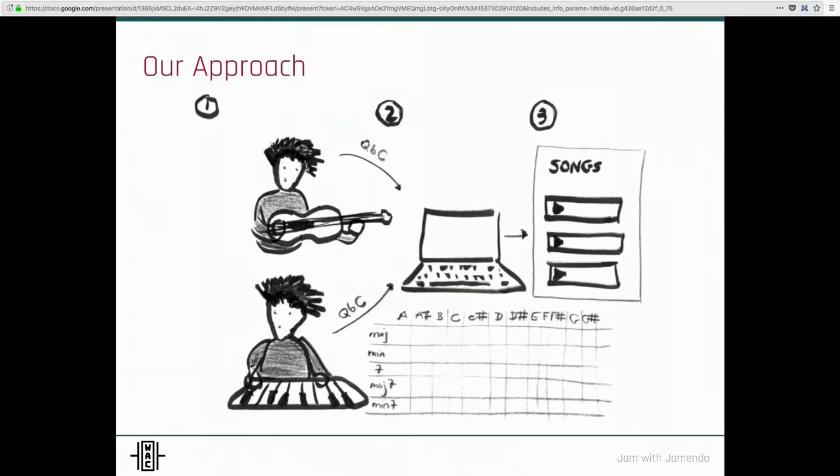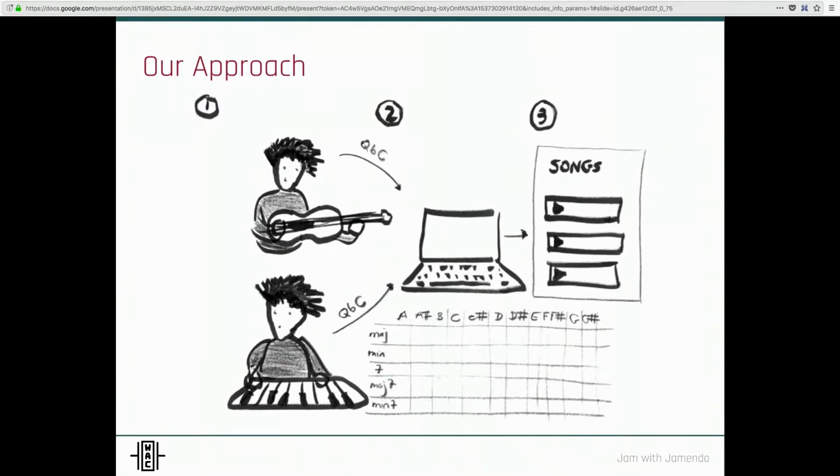Yeah, so the workflow that we envision with this web app is that the music learner connects to the app. It can be with any melodic musical instrument. The music learner types the chords that she or he knows, or a selection of those.